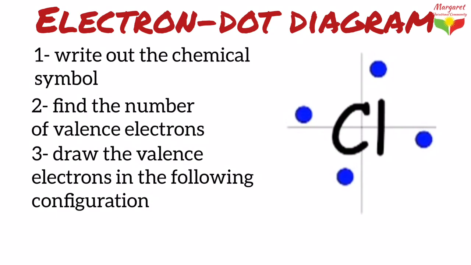We have 3 more electrons to draw, so we pair one up, pair another up, pair another up. Please never draw 3 of them at once in one of the corners. So no more than 2 at any one corner of the cross. Once they are done, remove your cross. There you have your electron dot diagram.